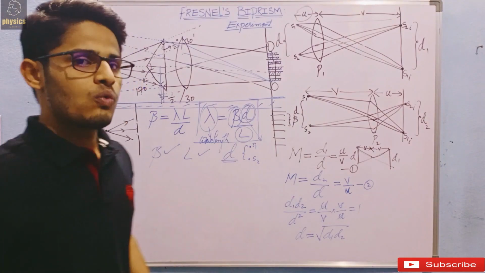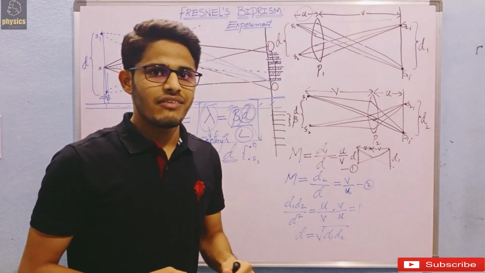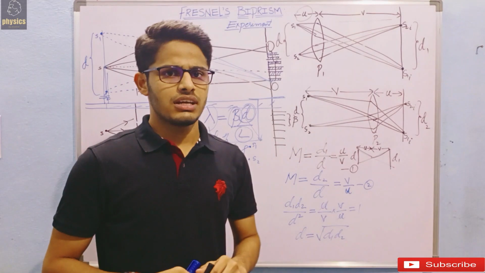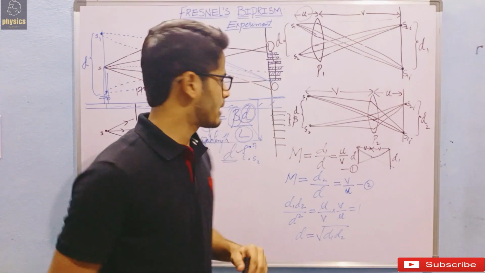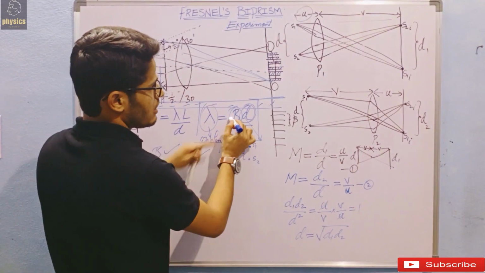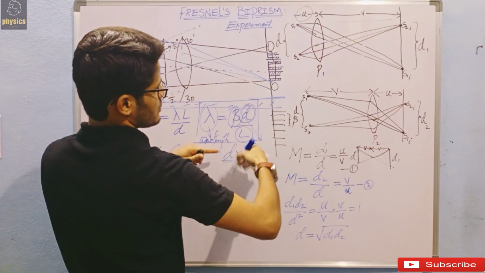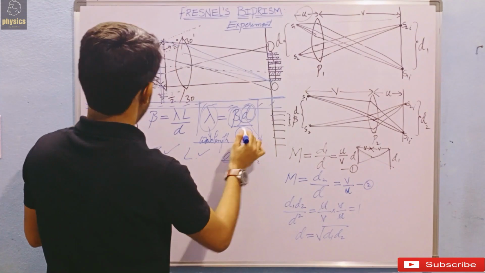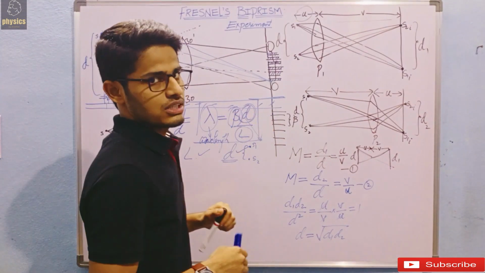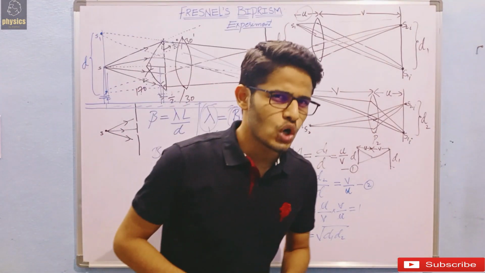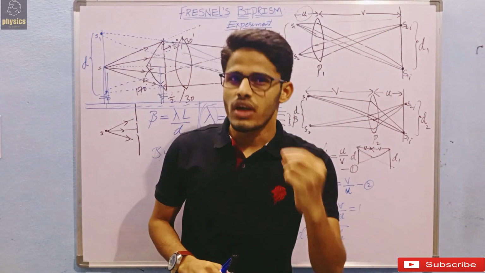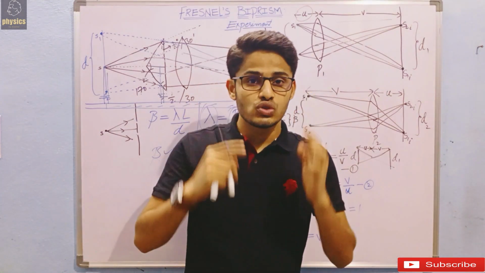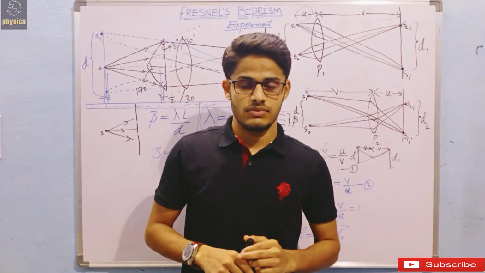This is how we will find the D value. So now I have everything for finding the value of lambda. I have beta from the movable microscope, I have D by this method, I have L from the table. So this is how I can find the wavelength of the unknown source. Thank you very much.